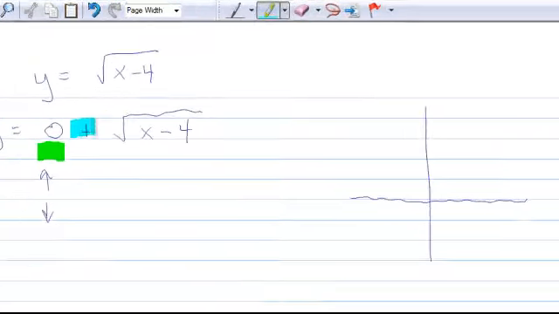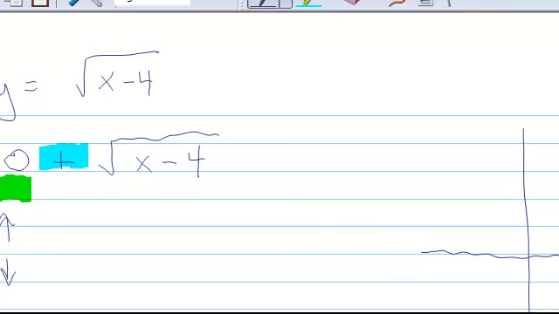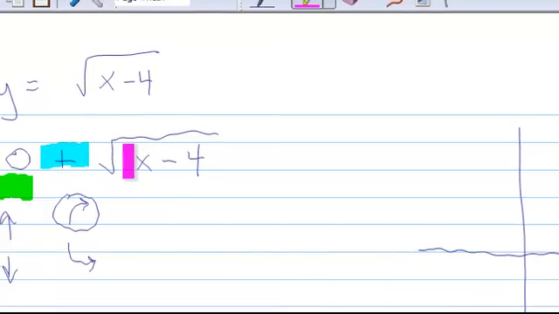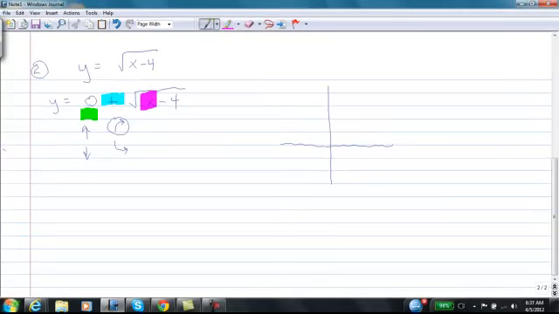Second thing, the positive on the outside. That tells us if it opens up or opens down. So in this case, opens up. Look at the x value on the inside, and that was a positive. Again, opens to the right or opens to the left.